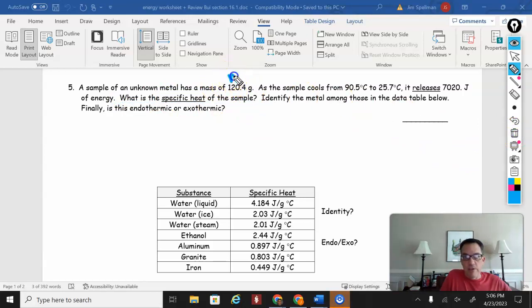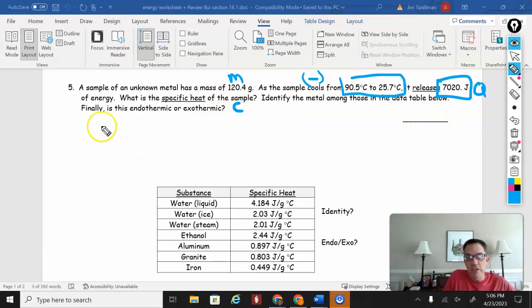So we've got a mass of 120.4. We have a temperature change. I notice this one, it says it cools, so that's going to be a negative temperature change. So when you put this in your calculator, make sure that when you plug it in the formula you're using is a negative, and it releases 7020 J. So it gives us the Q on this one, and we're trying to solve for specific heat.